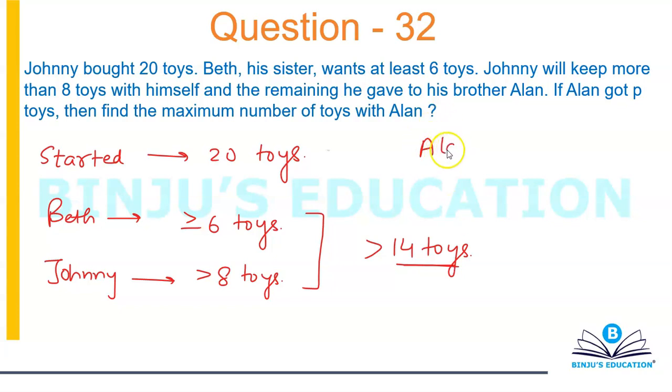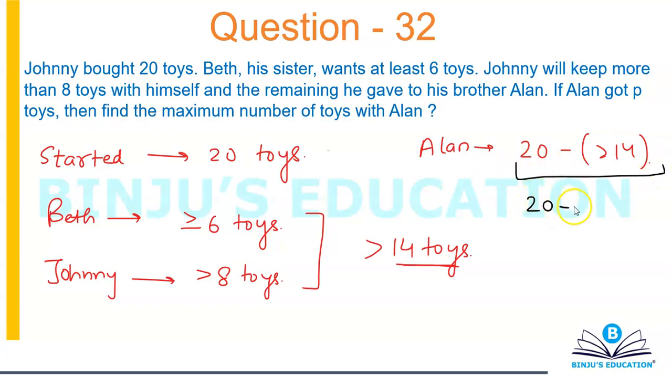That means Alan would have 20 minus something greater than 14. Now again, let's understand. Suppose this subtraction was 20 minus 14, then this would have been equal to 6.